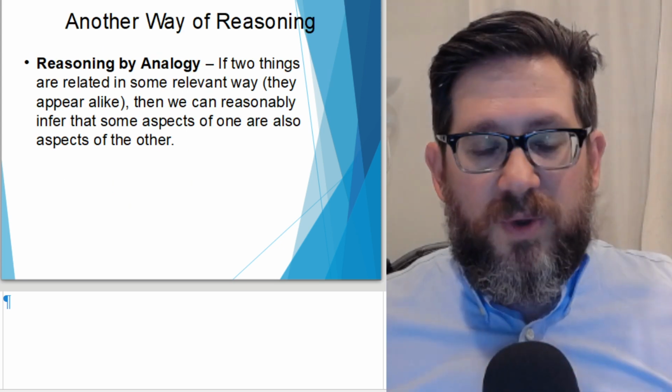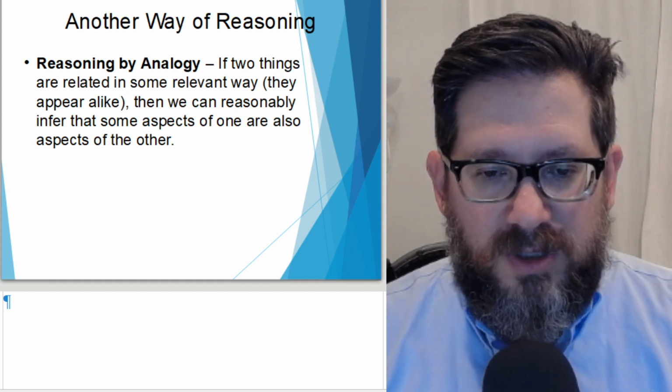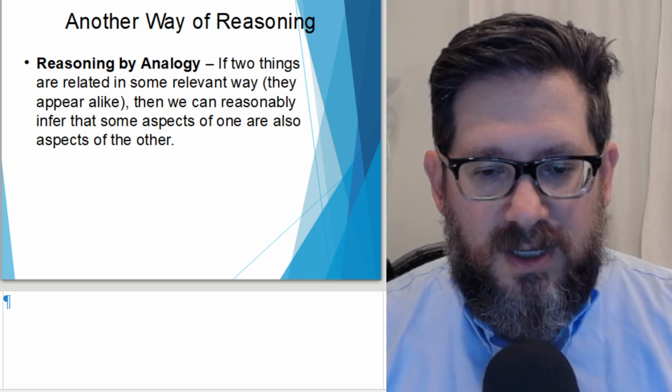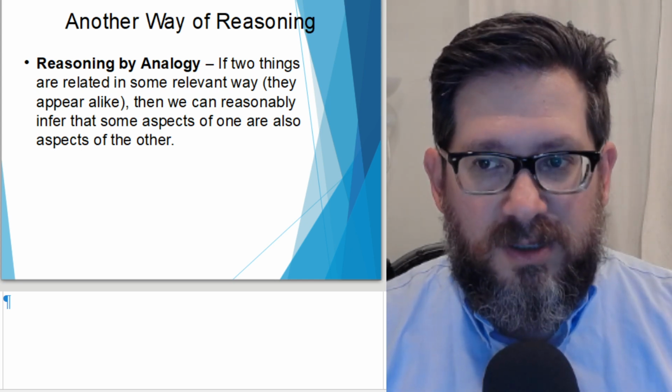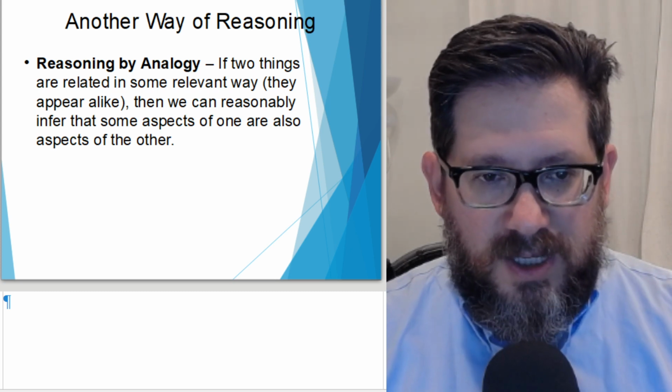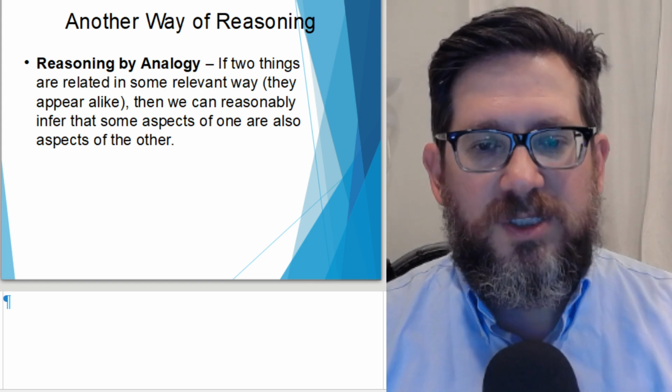We've already learned 2 other ways of reasoning. We learned that you can reason using deduction, deductive inferences, and we said deduction is how a rationalist will reason.